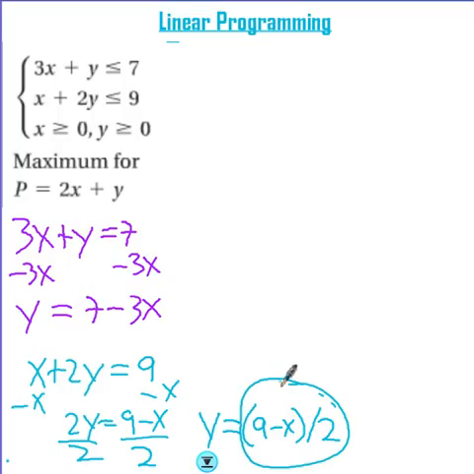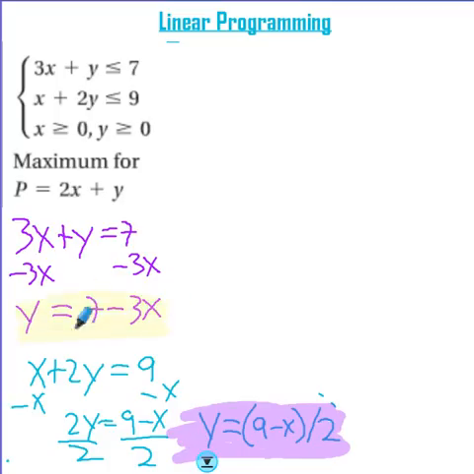So what I'm going to put into my y equals are the two equations that I just got. So I'll highlight those. I'm going to put this equation into y1 or y2, doesn't matter which, and I'm going to put this equation into y1 or y2. Okay, so let's do that now.